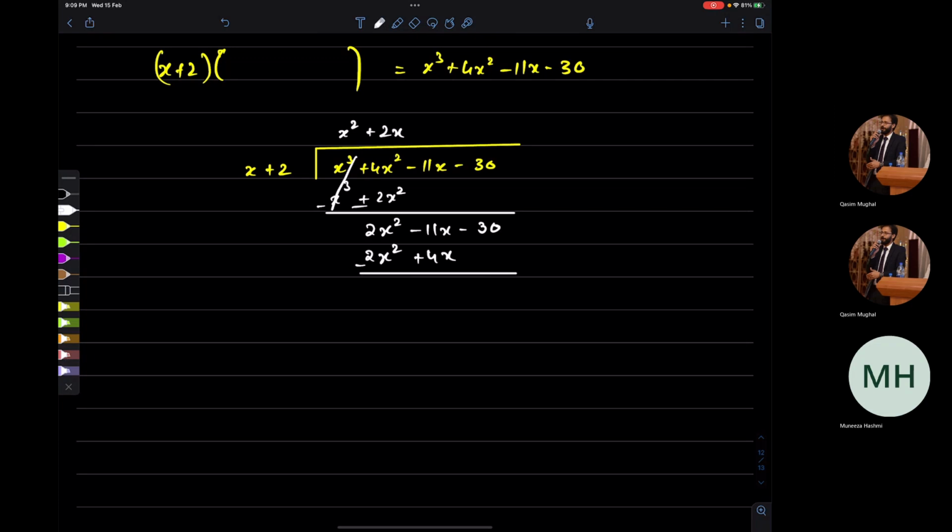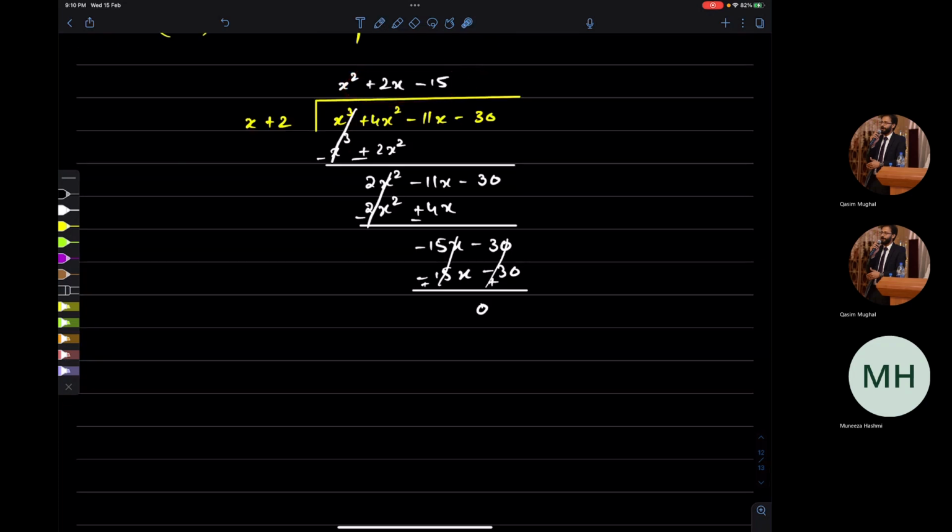Change the signs, subtract. That's negative 15x, and then negative 30. And x times negative 15 is negative 15x; 2 times negative 15 is negative 30. Change the signs. Boom, you get 0.